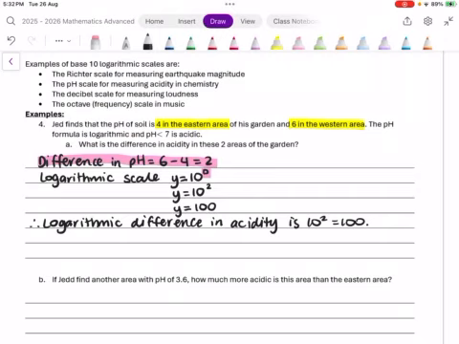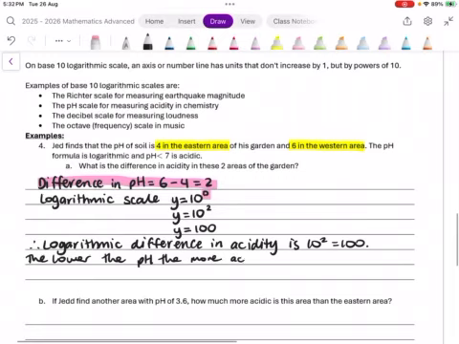This means that the lower the pH, the more acidic.